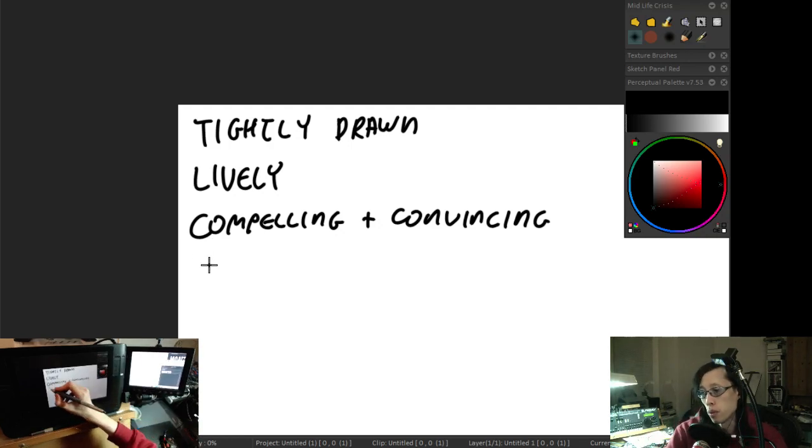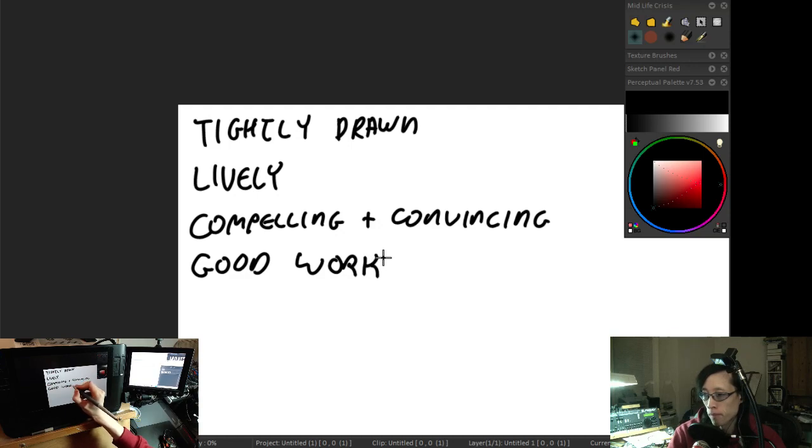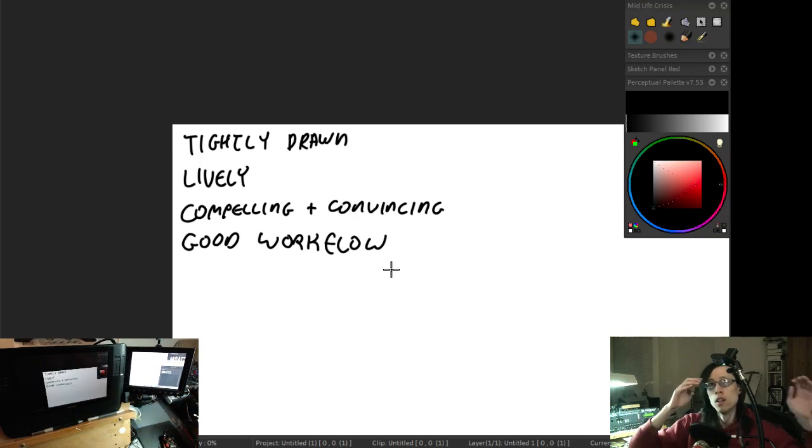You want it to flow. You want to have a good workflow. Right? So you're trying to make a background that has these four things.